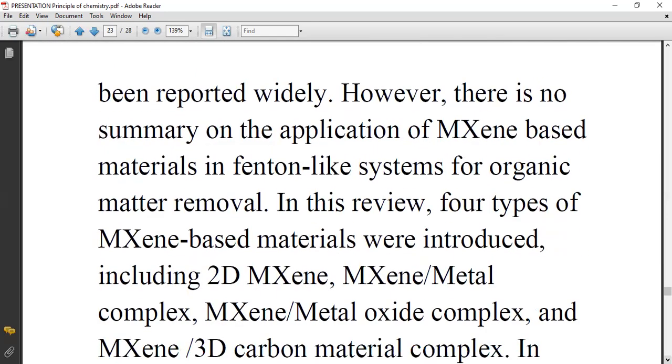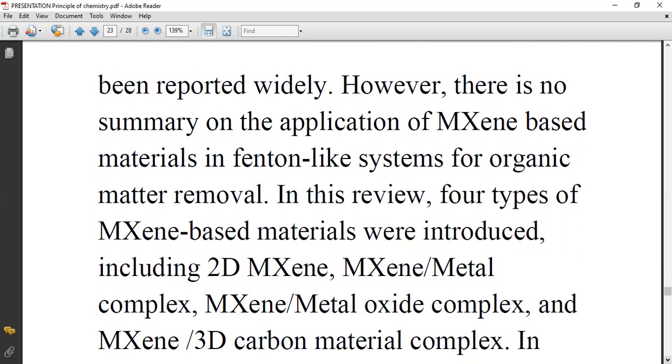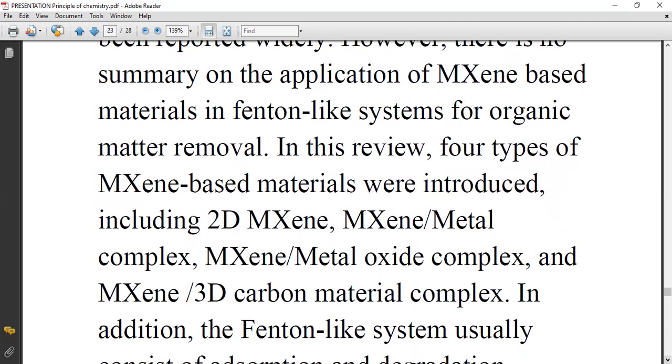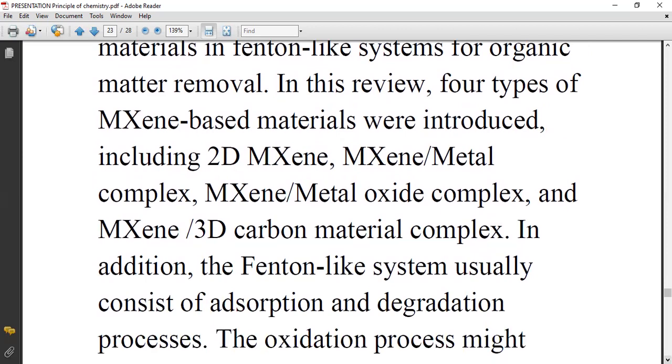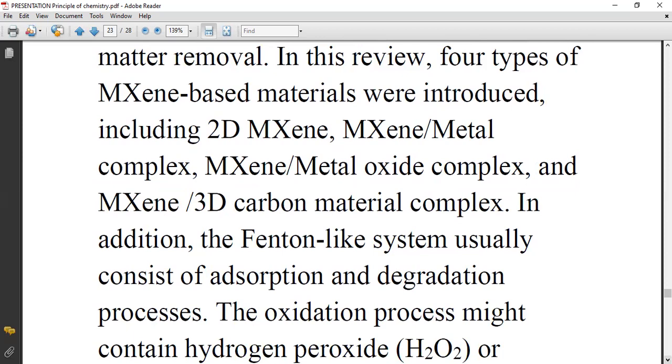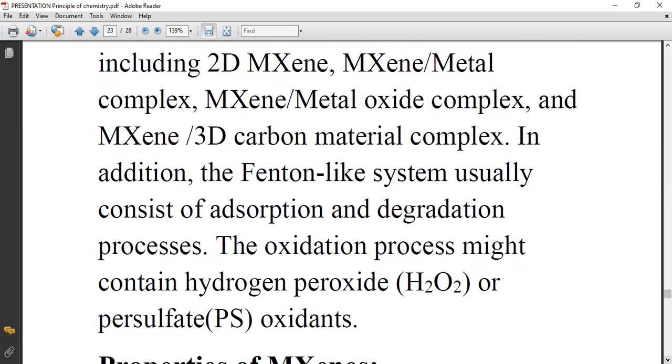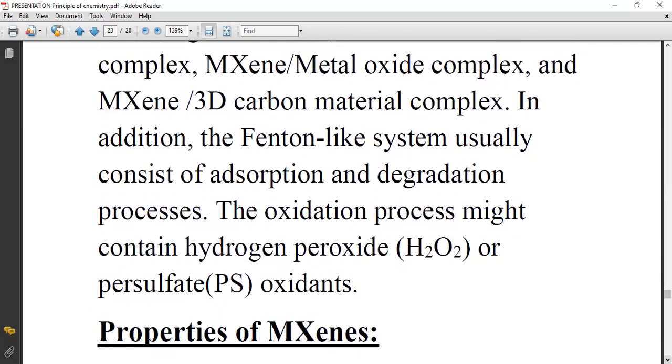However, there is no summary on the application of MXene-based material in Fenton-like systems for organic matter removal. In this review, four types of MXene-based material were introduced, including two-dimensional MXene, metal complex, metal oxide complex, and three-dimensional carbon material complex.